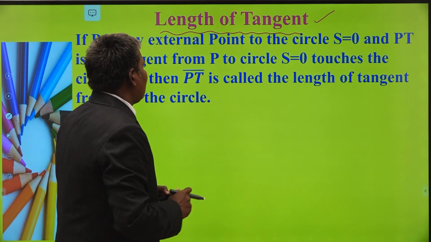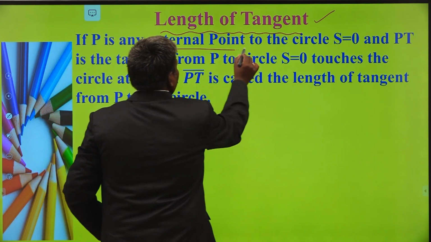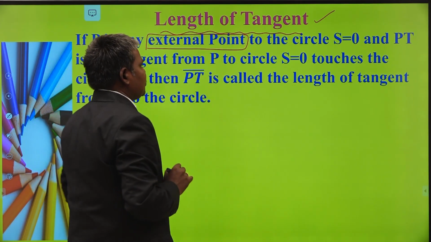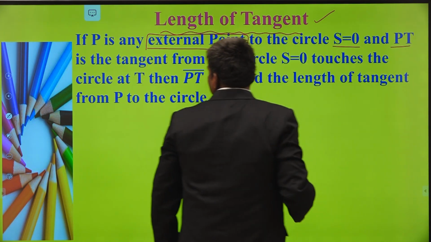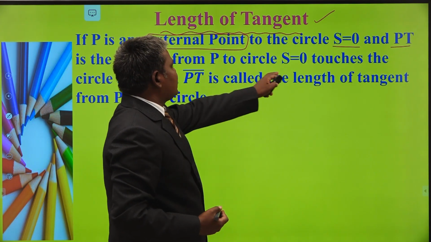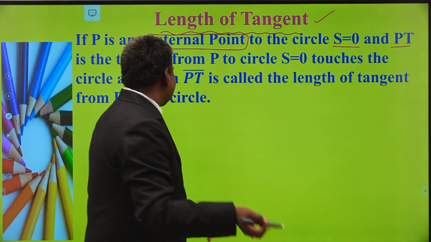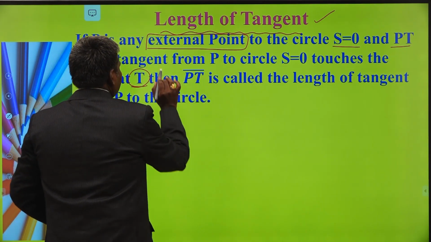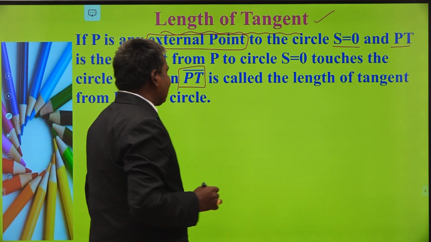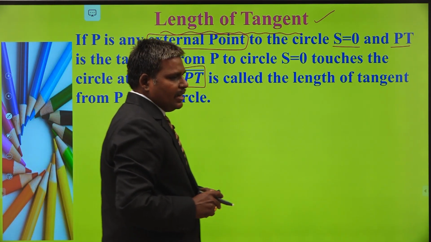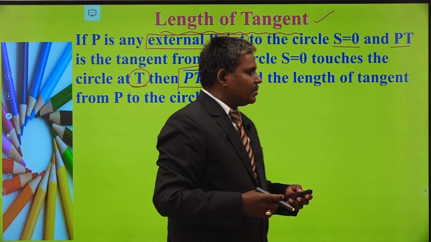P is any external point. Already I explained, P must and should be an external point to the circle S equals 0. What is PT? It is the tangent from P to the circle S equals 0, touching your circle at T. Then the length of segment PT is called the length of tangent from P to the circle S equals 0, whatever it may be.